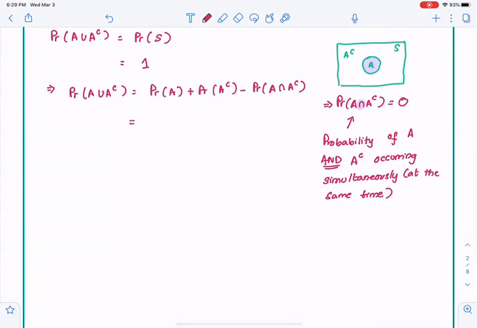So if we use that, we will have the probability of A plus the probability of A complement, and we know that is 1 from above.